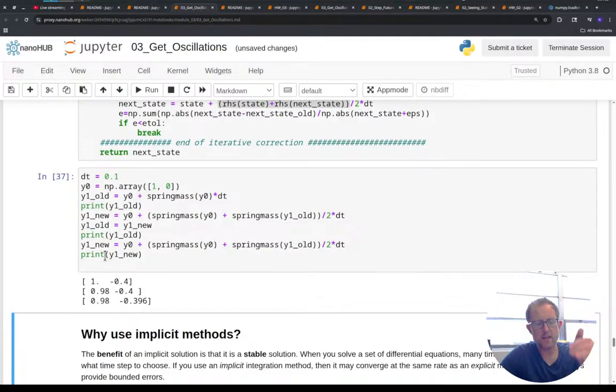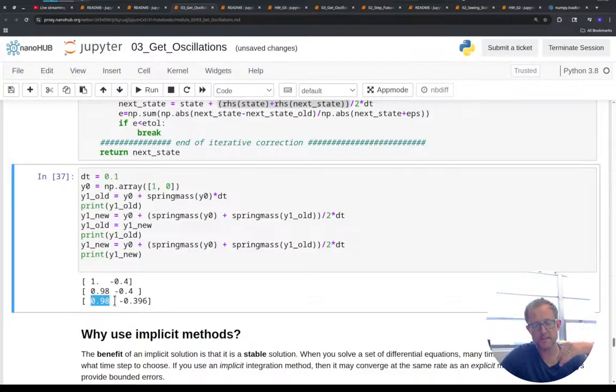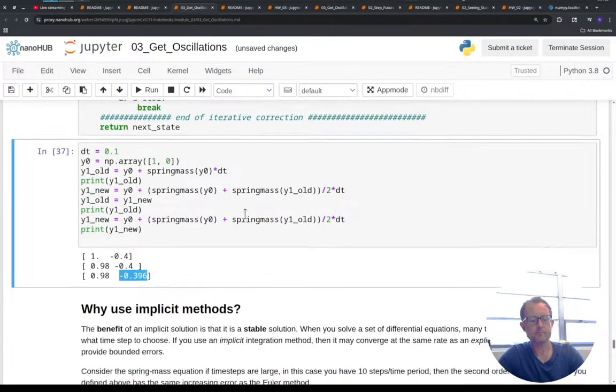So now I'm taking a look at how things are changing, and I'm getting a better estimate for my new position and a better estimate for my new velocity because I'm iterating on this.